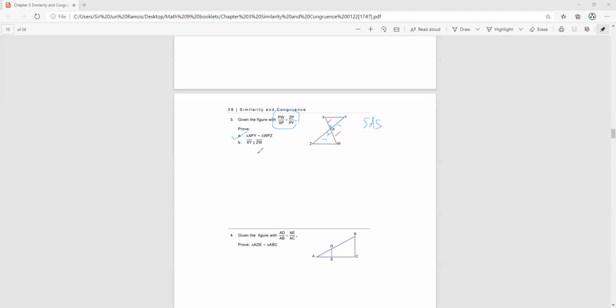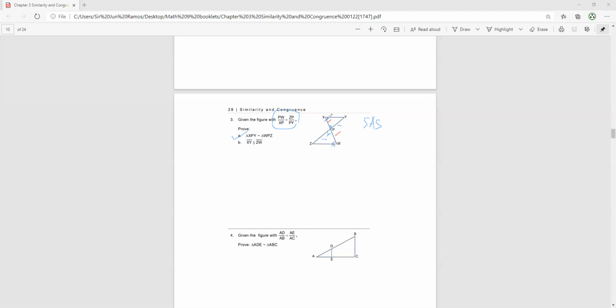Now we are supposed to show that XY is parallel to ZW. Since X and W are corresponding angles from the similar triangles, they must be congruent.